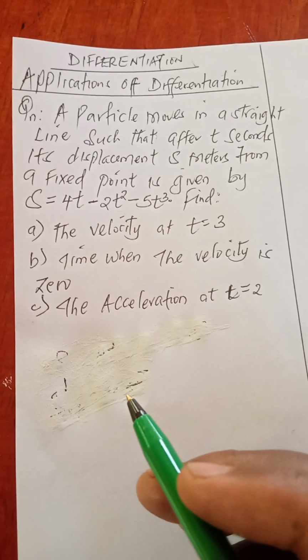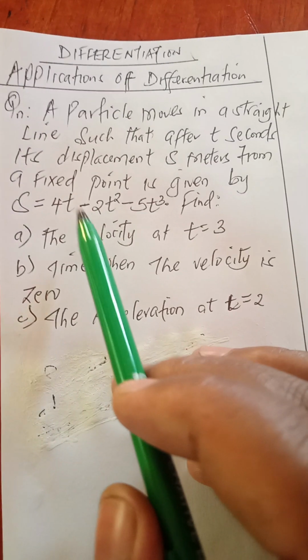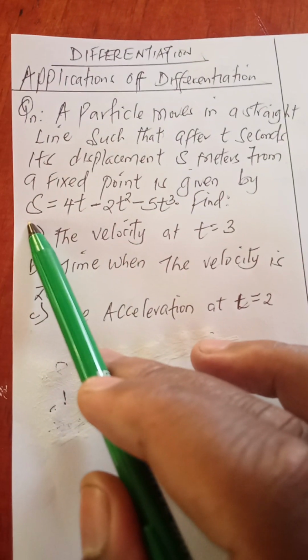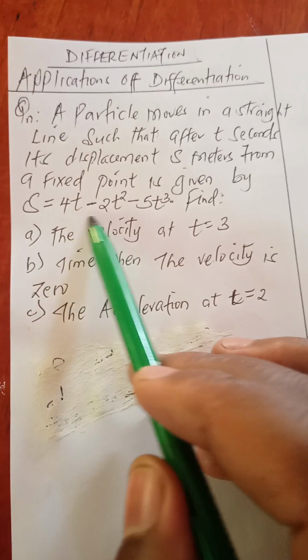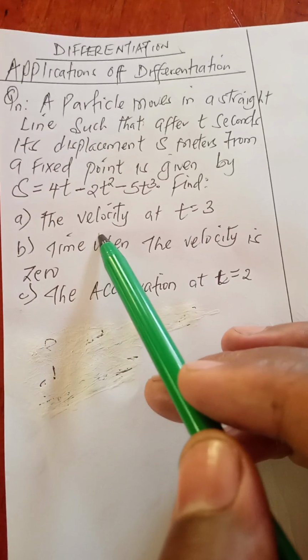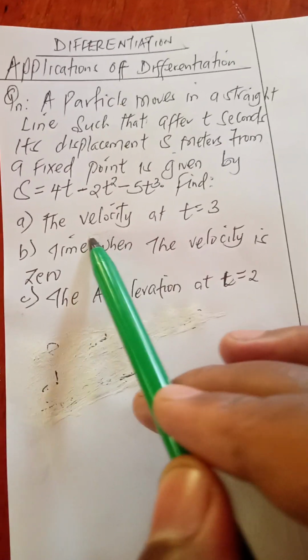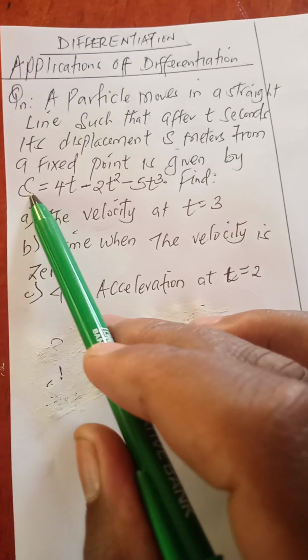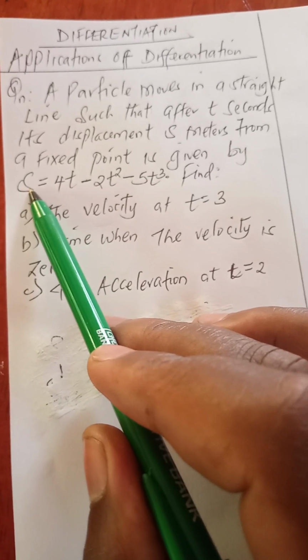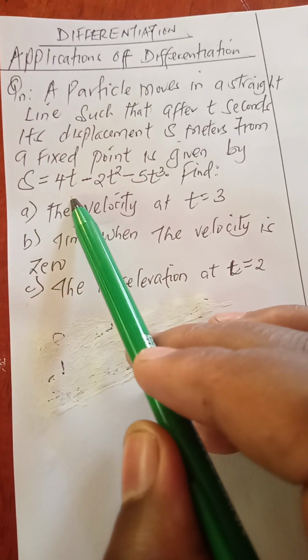So when given that question, we are given the expression for distance, s, which is 4t minus 2t squared minus 5t cubed. For us to get the expression for velocity, we will differentiate the expression for distance. In other words, differentiate s with respect to t.